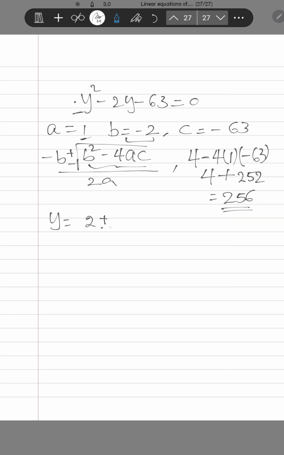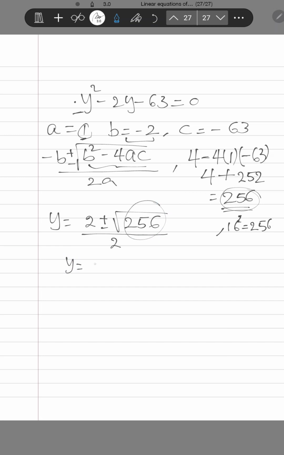Very good. Now, the solution set y is equal to minus b, the negative of negative 2 is just 2, plus or minus the square root of b squared minus 4ac, which is already done, 256, divided by 2a, 2 times 1 is 2. 256 is a perfect square, which is 16 squared. So we can take 16 for this value.